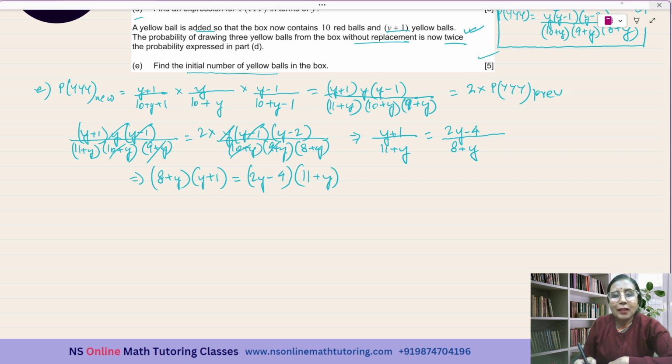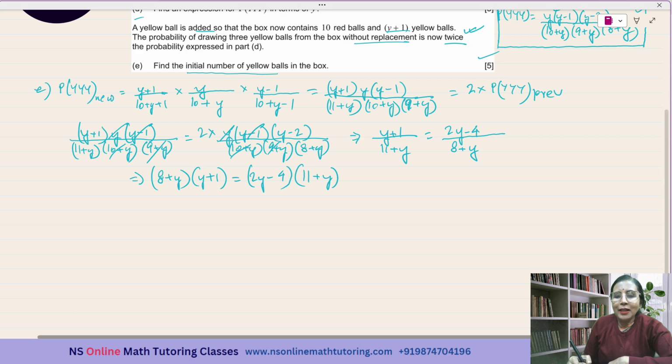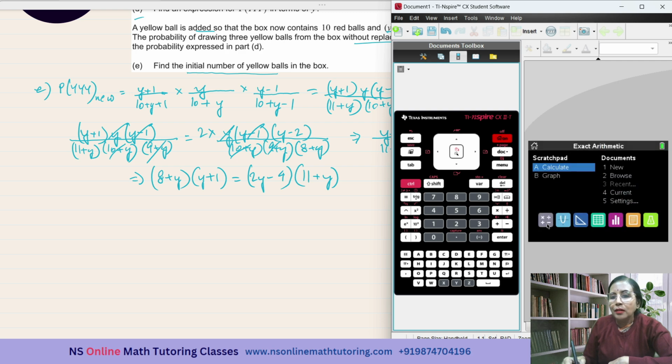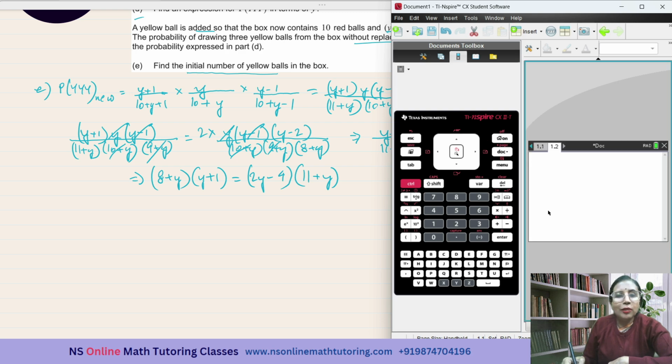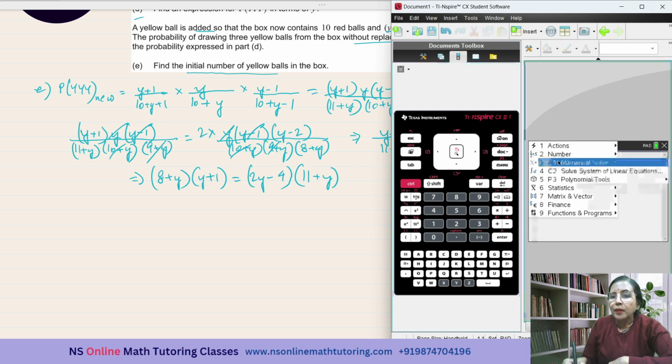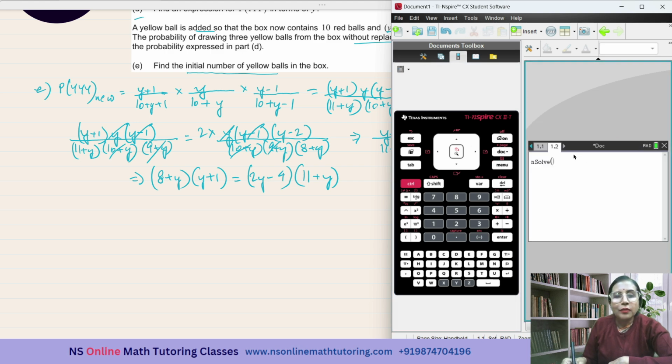And this is a question from paper 2, so I can use the calculator. That is why I don't want to expand these two sides and waste more time. So let me see what value our calculator gives us. I come to the calculator section and go to nsolve, numerical solve.